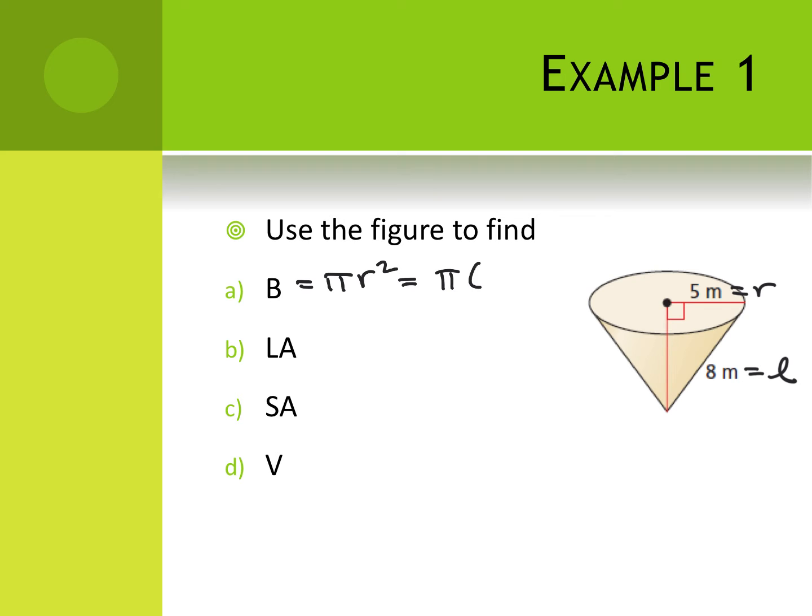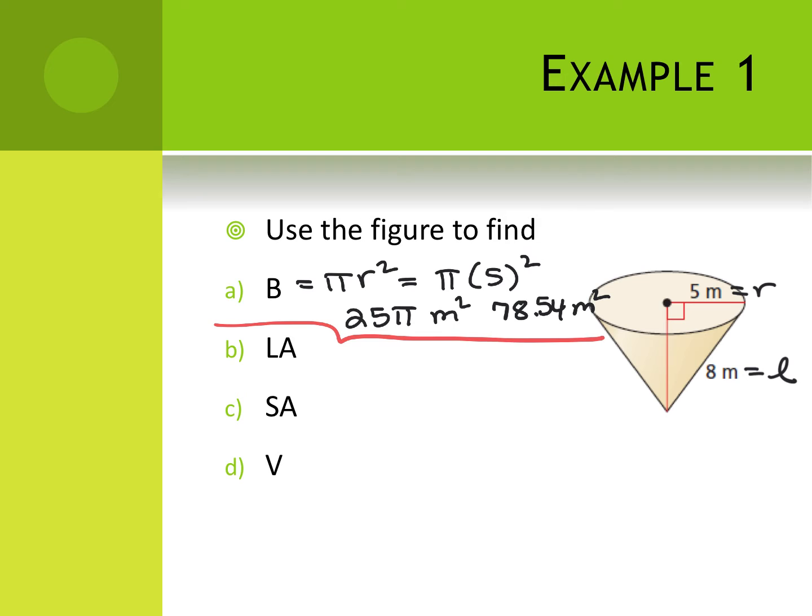So pi times 5 squared. And left in terms of pi, it's 25 pi meters squared. However, using your calculator and rounding to the hundredths place, it's going to be 78.54 meters squared. And this will give you the area of the base.